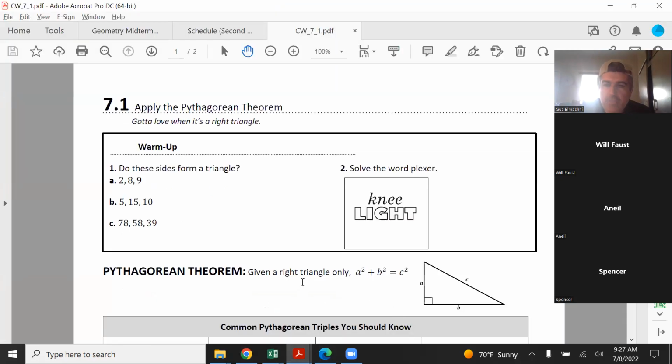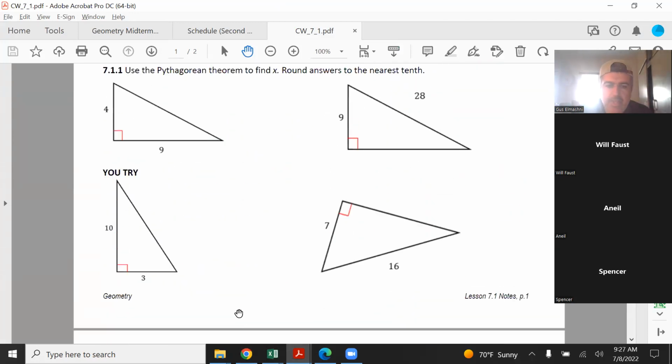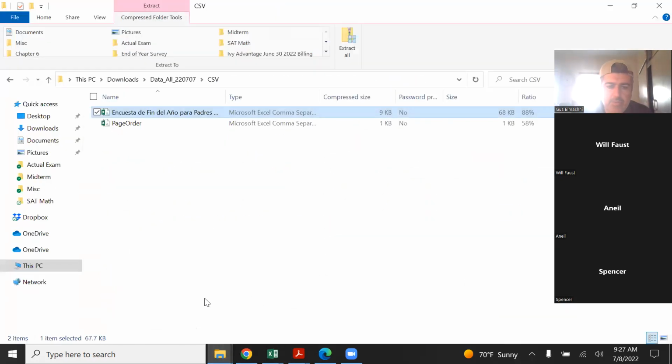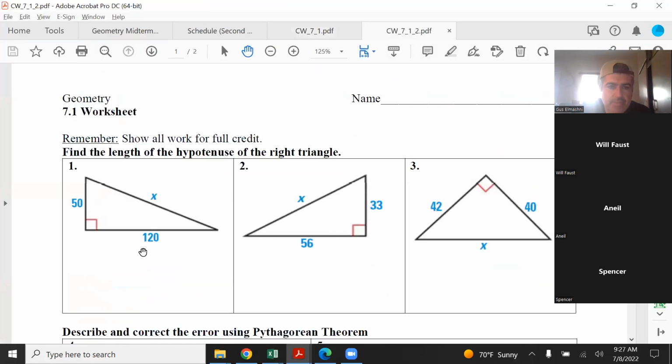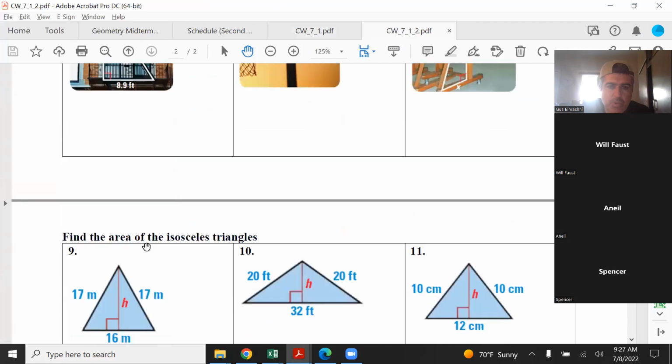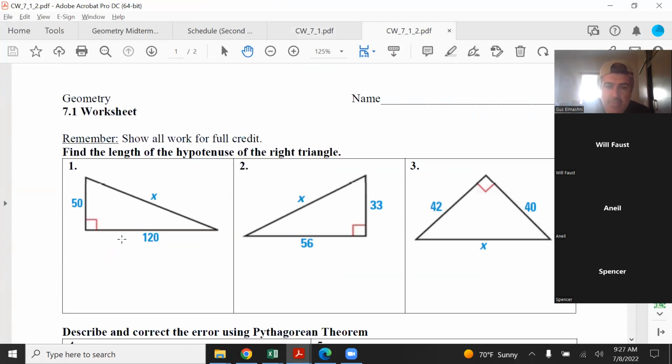What I'll do is work out 7.1, all of it. Then I'll have you do this document, which is a worksheet on 7.1. Then we'll see where we are at timing. Maybe we'll do a break after that.